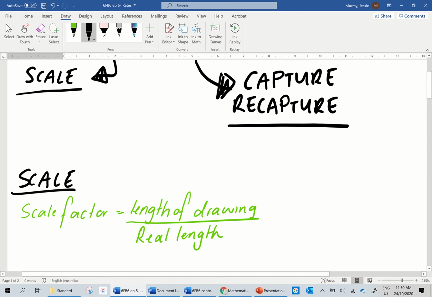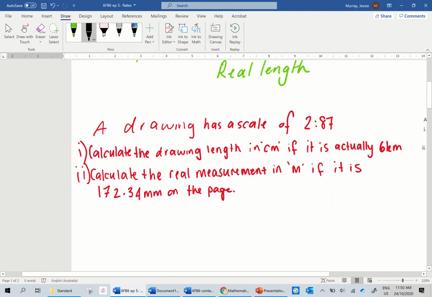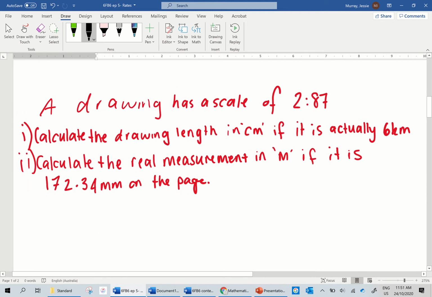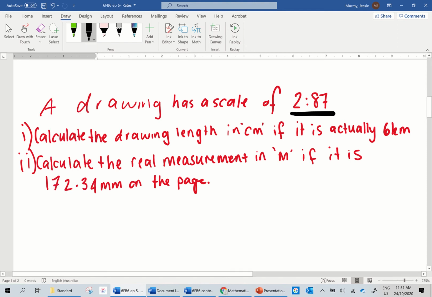I'm going to show you how we can apply and use this formula with this question here. Now this question may be familiar to a lot of you because we have looked at one nearly the exact same, I think, or if not, it was the exact same. So let's have a look. They've given us a really ugly scale. Most of the time the scale is nice, like 1 to 100.